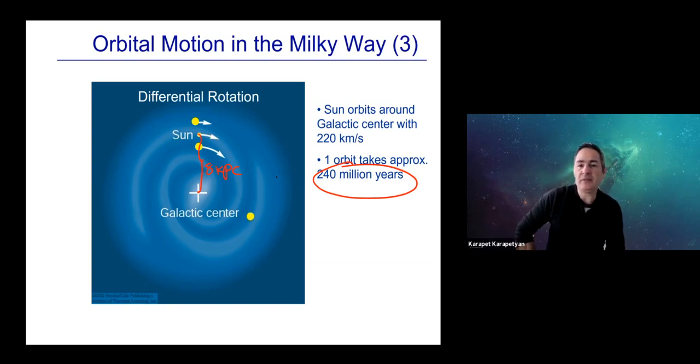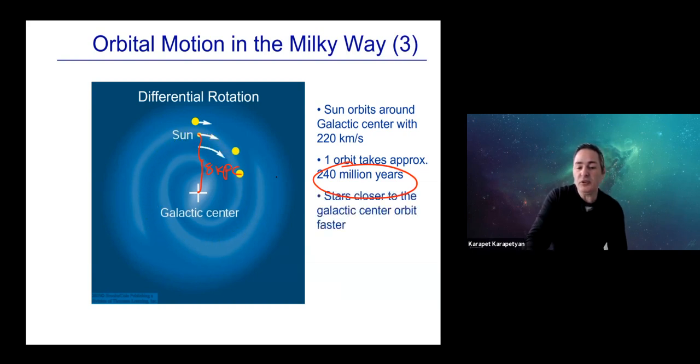Our galaxy is roughly 10 to 12 billion years old. So we can calculate that, if it's about 5 times per billion years, and if it's 10 billion, maybe 40 to 50 times it's already gone around the galactic center.